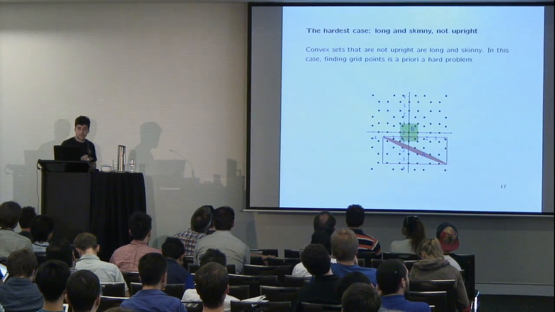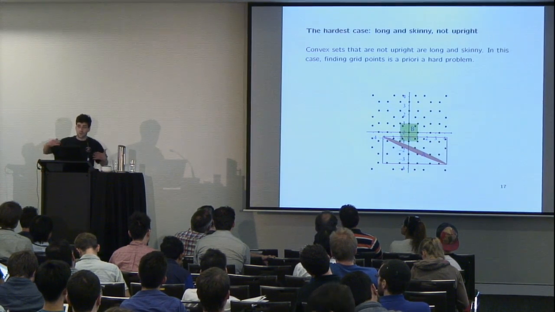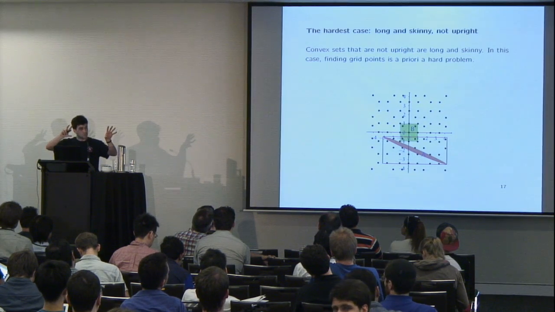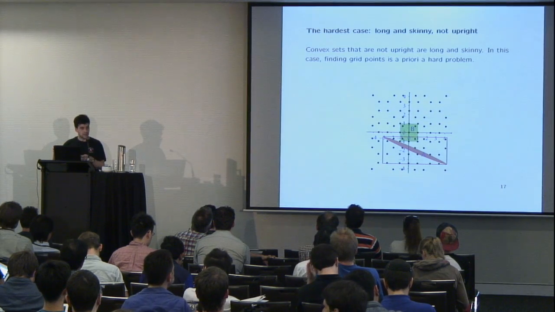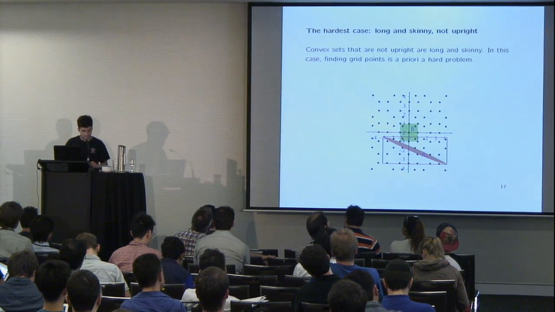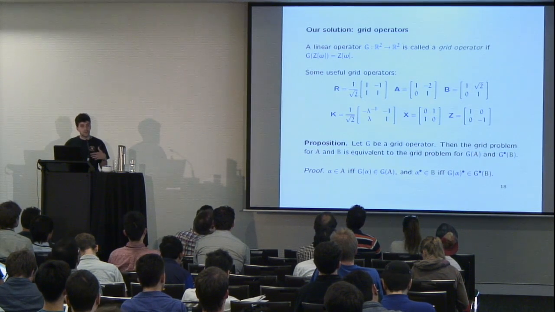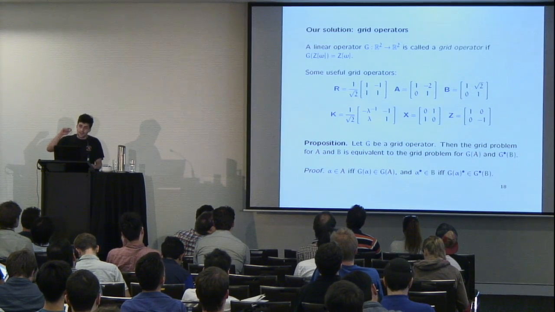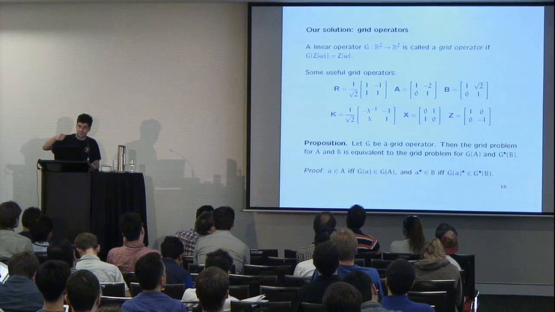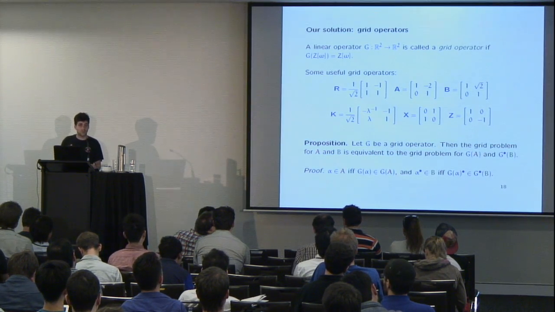So the question is, how can we make sets upright? We want to do the same thing that we did in the one-dimensional case, where we used scaling to transform a hard grid problem back to an easy one, and we want to do the same kind of technique here. Now, in the two-dimensional case, we consider an operation that's slightly more complicated than just scaling, namely, we're going to act on the set using well-chosen operators.